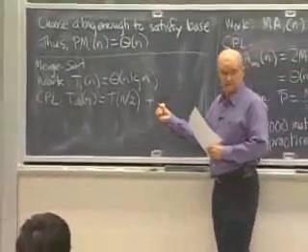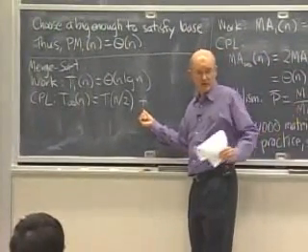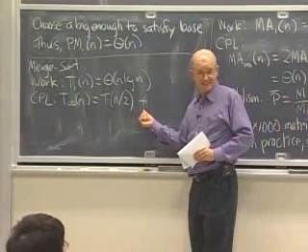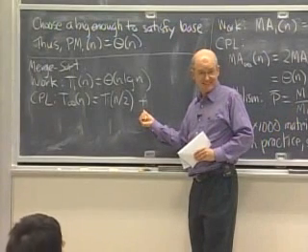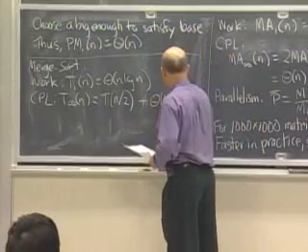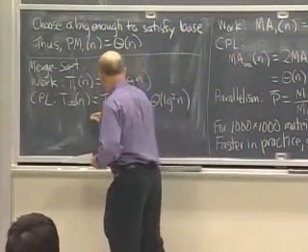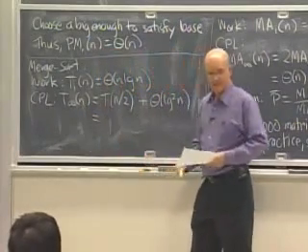for merging is not order n as it was before. Instead, it's log squared n. There we go. Log squared n.